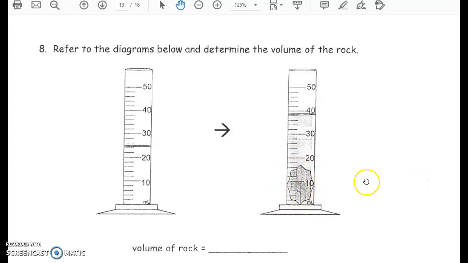We drop that object in, it displaces some of that water, and we're going from 24 milliliters to 38 milliliters. What's the difference? 38 minus 24 is going to give you 14 milliliters. So 14 milliliters is how much volume your rock has.